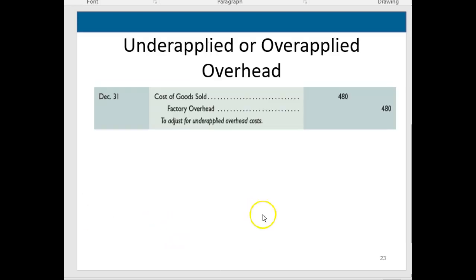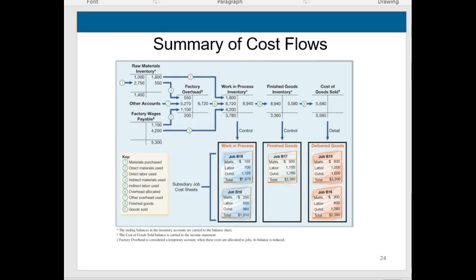That doesn't match. So what we do is we take the difference, and that would be we need to credit the overhead for 480 and debit the cost of goods sold. See, we've adjusted that out back and forth. And that will do our adjustment.